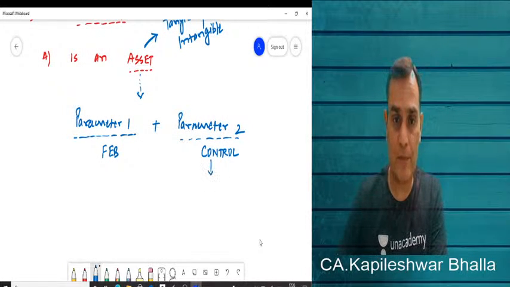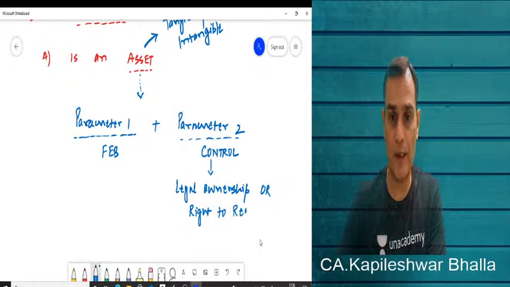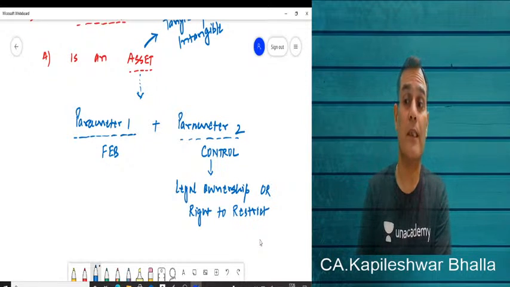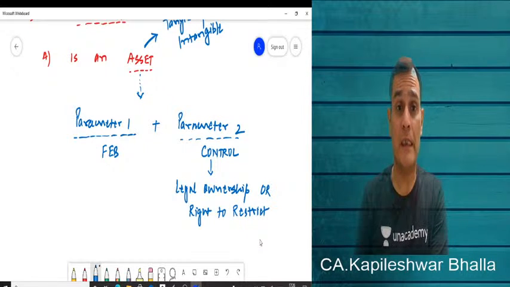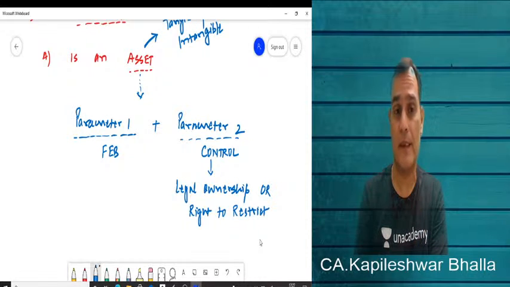The control stems out of either legal ownership, so either you are able to prove that there is going to be a legal ownership, or we've got a right to restrict others from use. So this is the first part of the definition, that you would prove that the tangible or the intangible item is an asset.